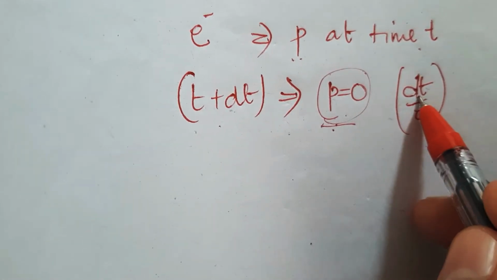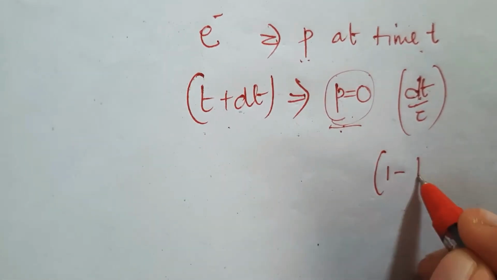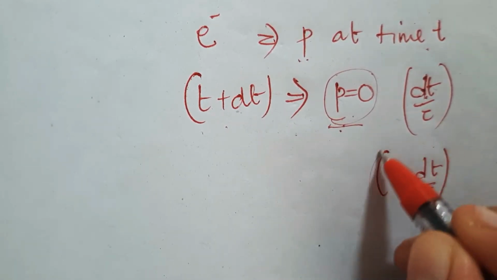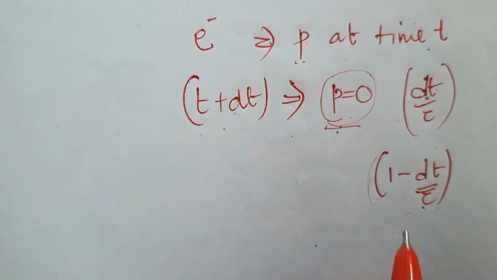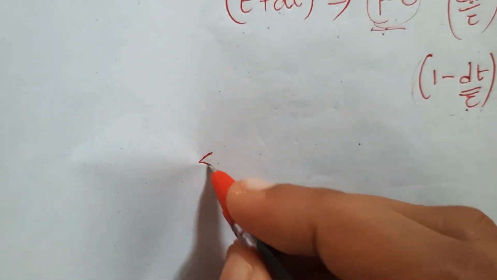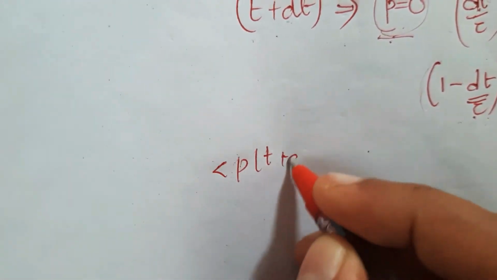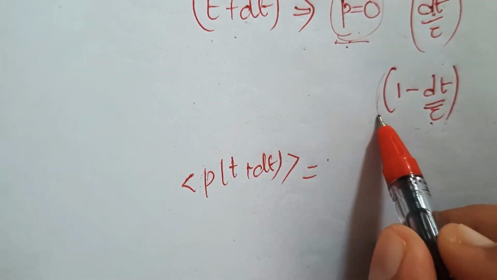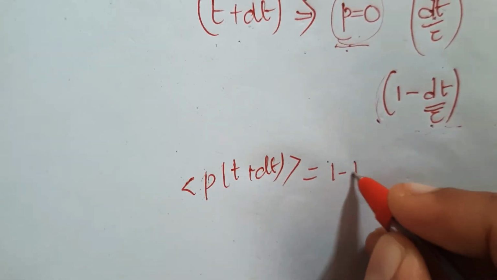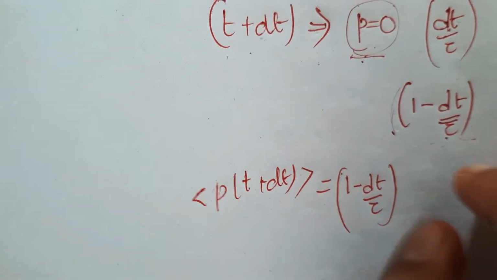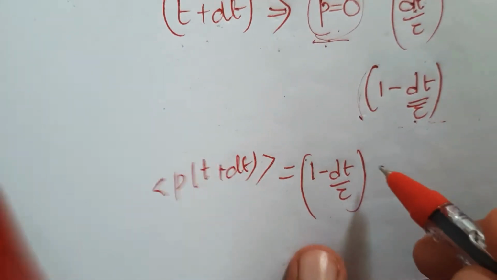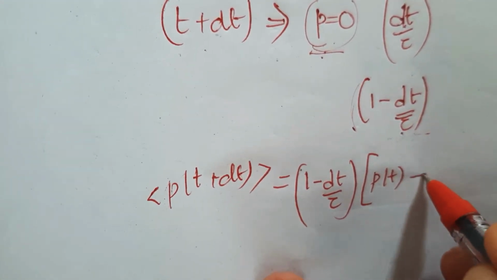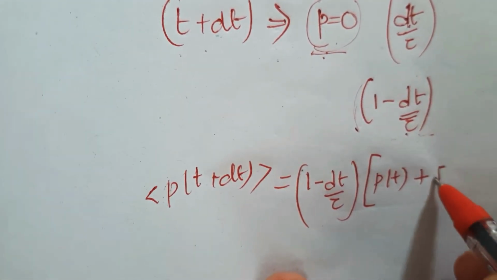Now the probability that it will not undergo scattering is given by 1 minus dt by tau. Then we can find the expectation value of the momentum, which is given by the probability that it will not undergo scattering, that is 1 minus dt by tau, into p of t plus f dt.